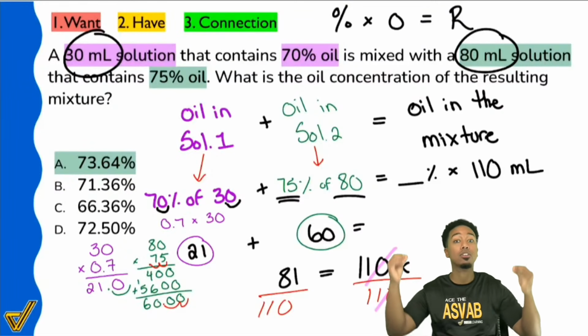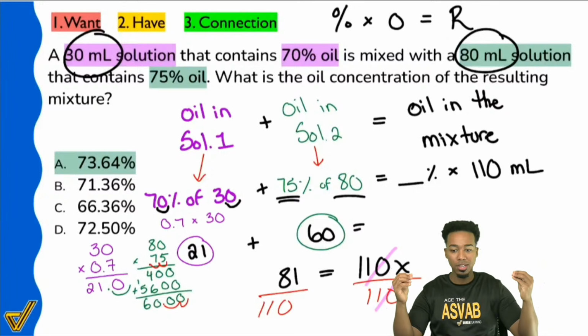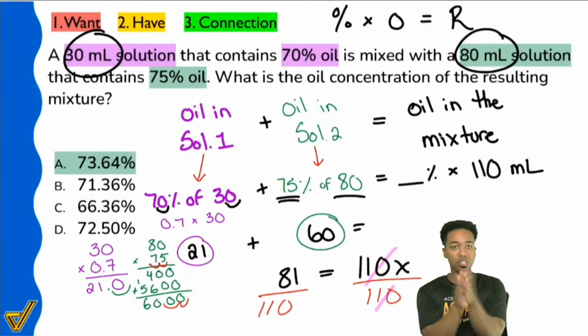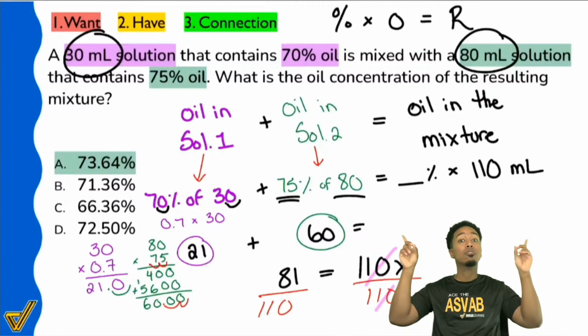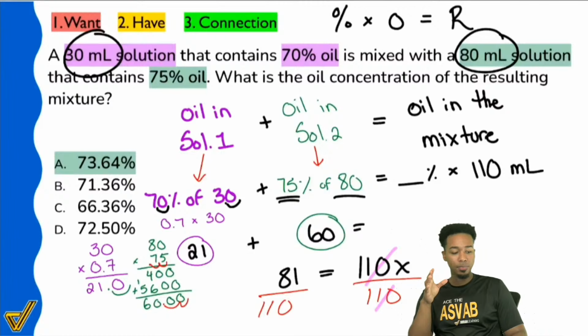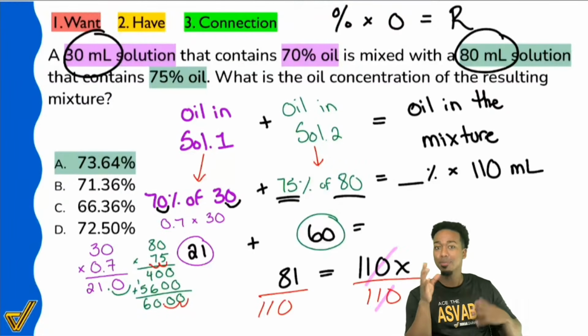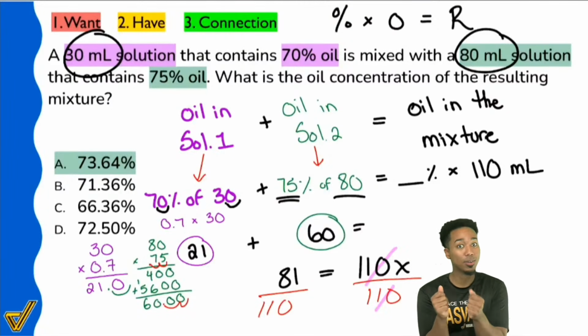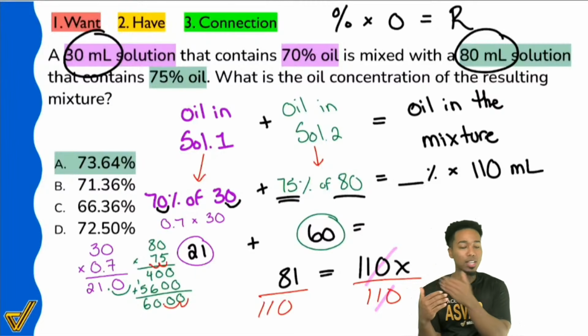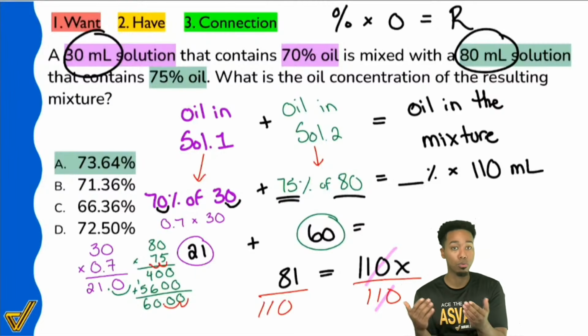Their denominators are not the same representation. Does that make a little more sense? You can't just take those percentages and add them because they're not of the same total. That's why. And that's the temptation. The temptation is, hey, let's see if they'll just go ahead and add those percentages. Let's see what they do. And that's the trick. That's what these test makers want you to go through.